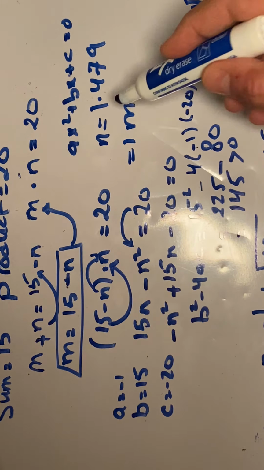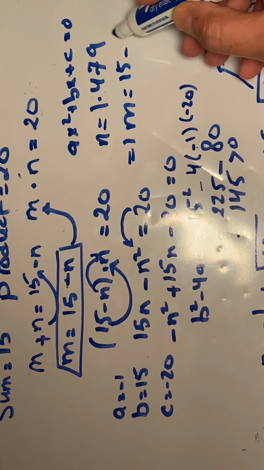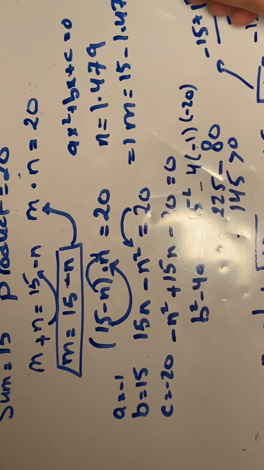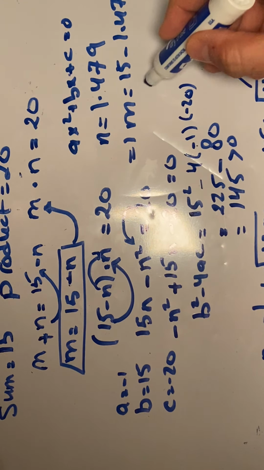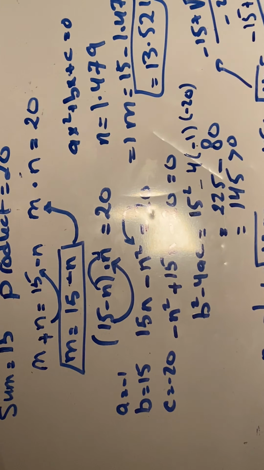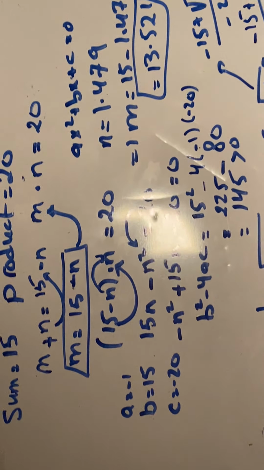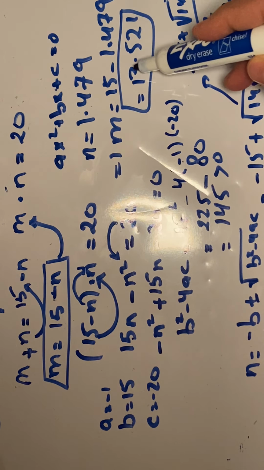Then m, which is 15 minus n, is 15 minus 1.479. I'm going to do it quickly. That's 13.521. So this is one value of m, and this is one value of n.